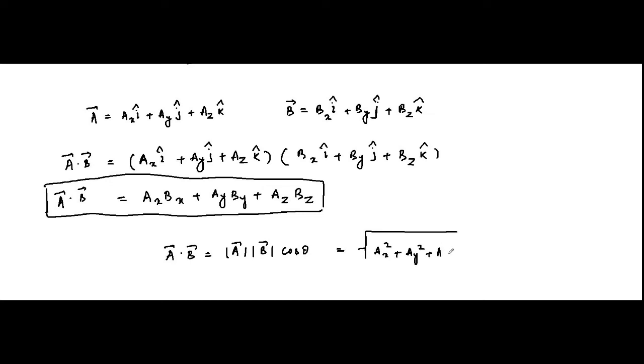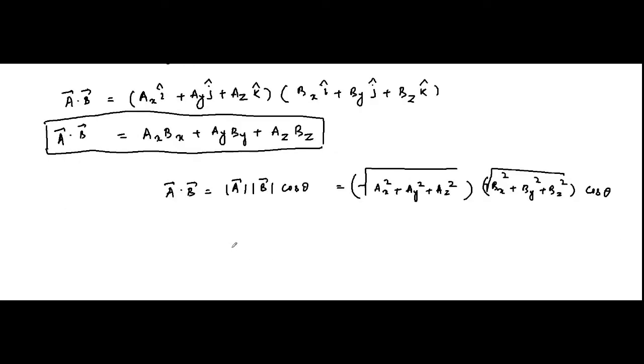Then B vector modulus will be square root of bx square plus by square plus bz square. And then we have cos theta. So here we get an important formula related to cos theta.